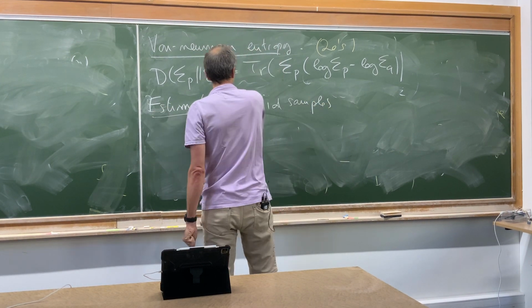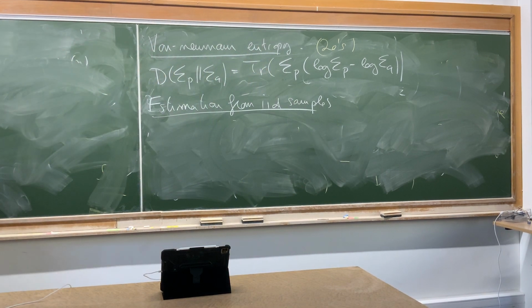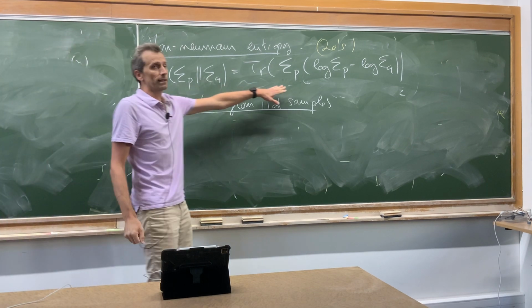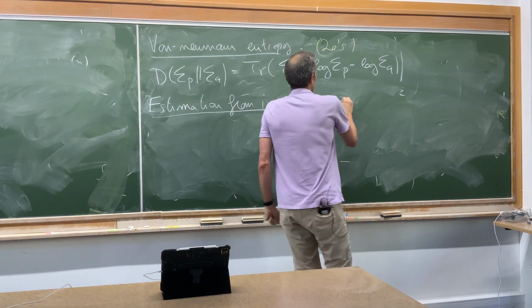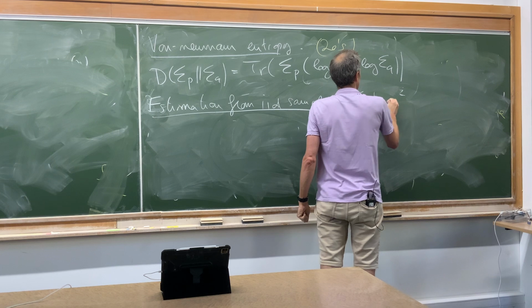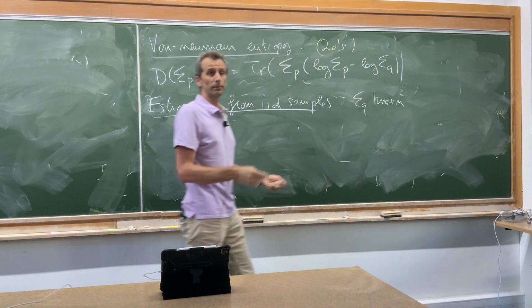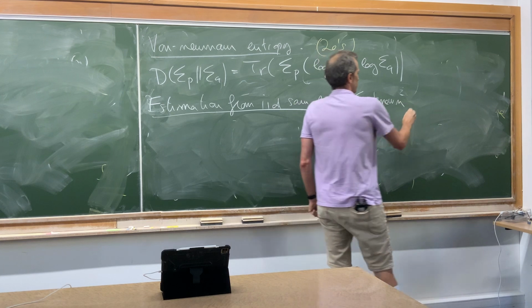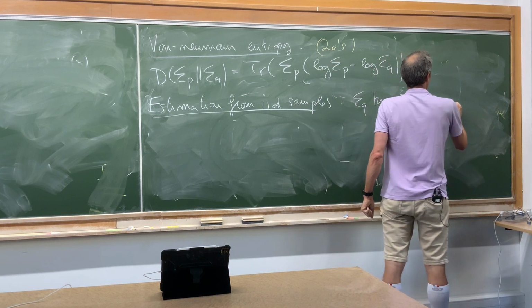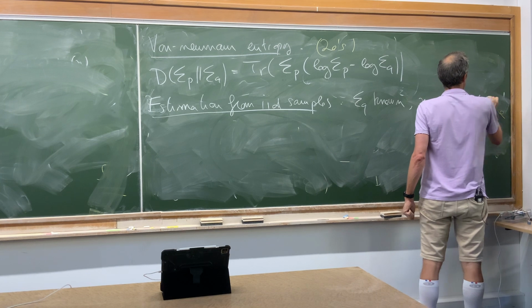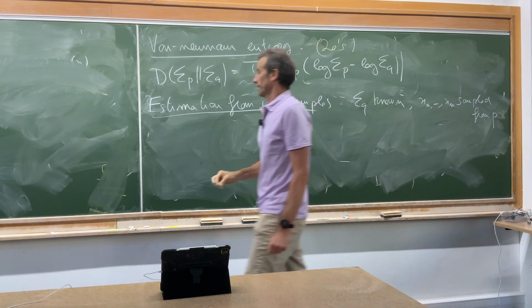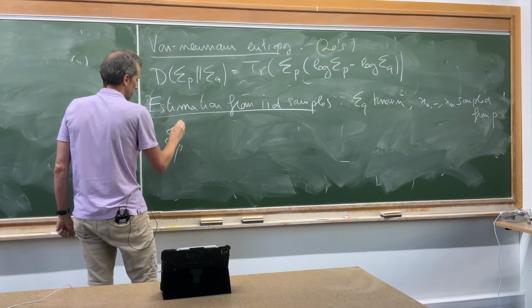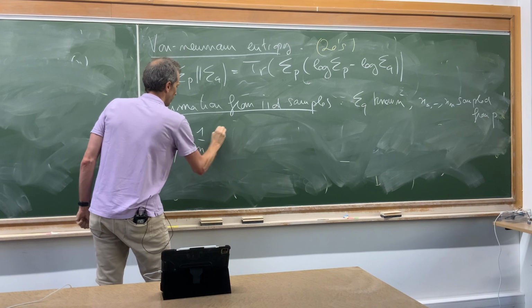Because I'm defining an object in infinite dimensions, so I have to compute the moment matrix and diagonalize it. Clearly, you need a way to compute it. You assume sigma q is known, let's say a uniform distribution, so a simple one, and you have x1 to xn sampled from P. You want to check that you can estimate it. Then you can define the natural estimator, sigma p hat, which is just the empirical moment.